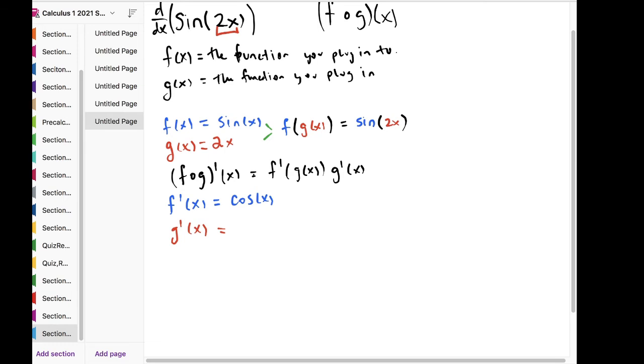Two. Good. Okay, so now let's use the chain rule. So f of g prime of x is, okay, so we have cosine, which is f prime, and what do I plug in to f prime?